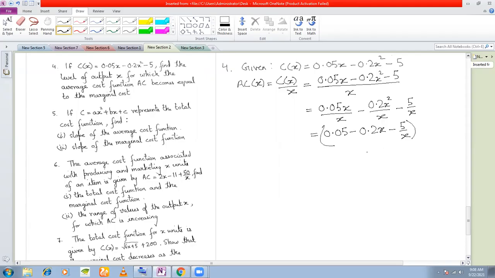So this is your average cost function. Next, average cost becomes equal to the marginal cost. Let's first find out the marginal cost and then we can equate.